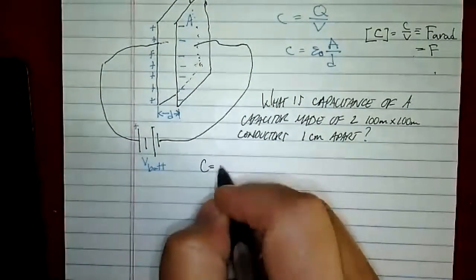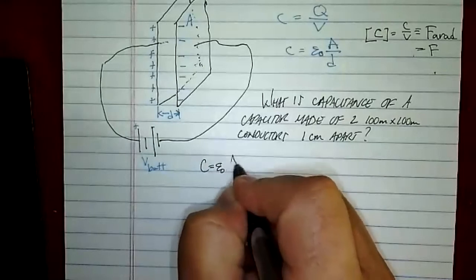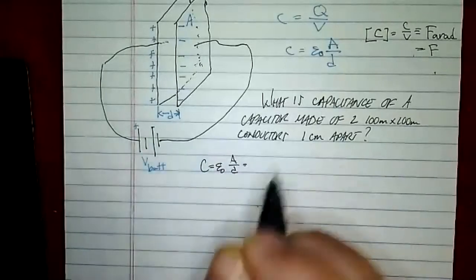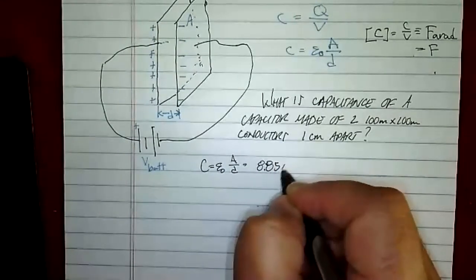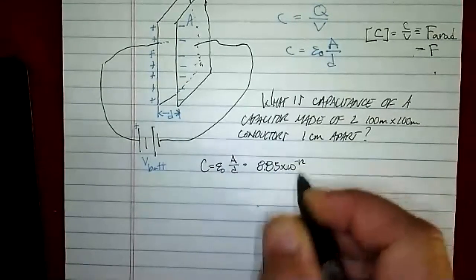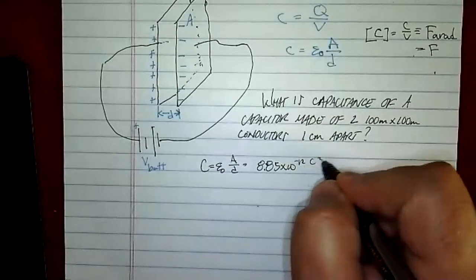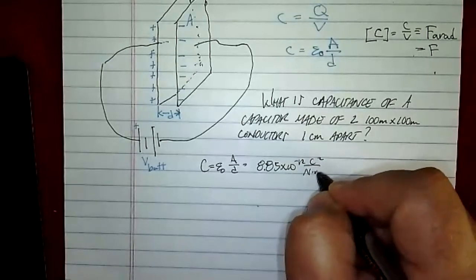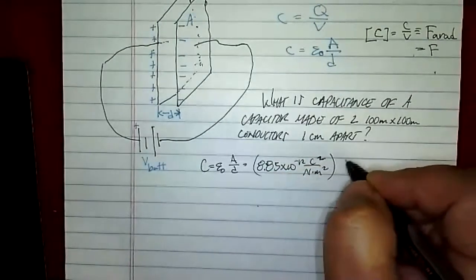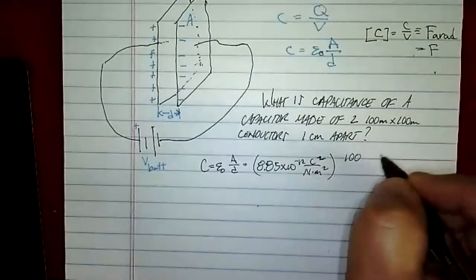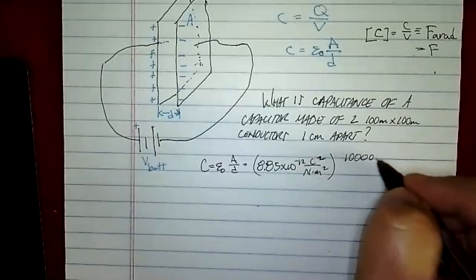Well, the capacitance is equal to epsilon 0 times A over D, but epsilon 0 is 8.85 times 10 to the negative 12th Coulomb squared per Newton meter squared. The area is going to be 100 times 100 is 10,000.